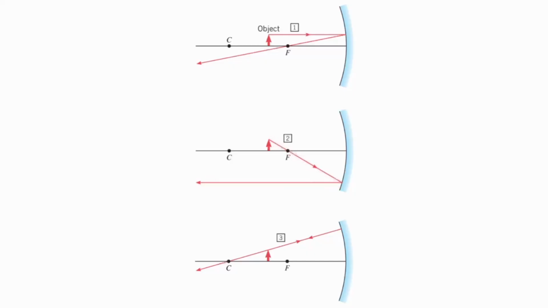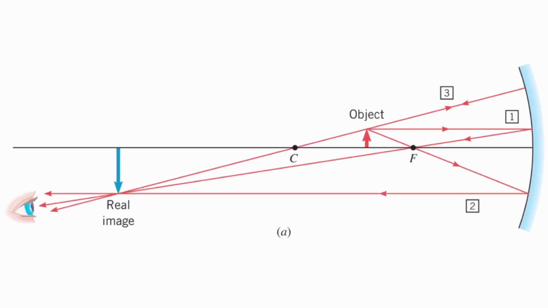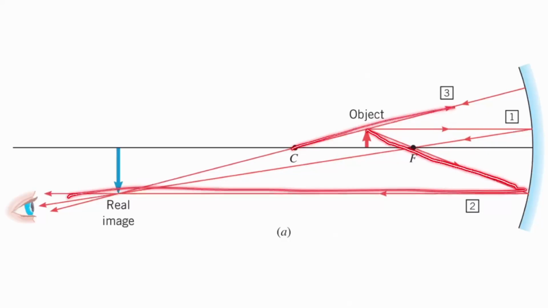This is just following the rules of the law of reflection. And then the one that passes through the center of curvature bounces off and comes straight back through the center of curvature. Okay? When you put those three together, we have the first ray coming through, we have the second ray through the focal point going like that, and we have the third ray going through the center of curvature.